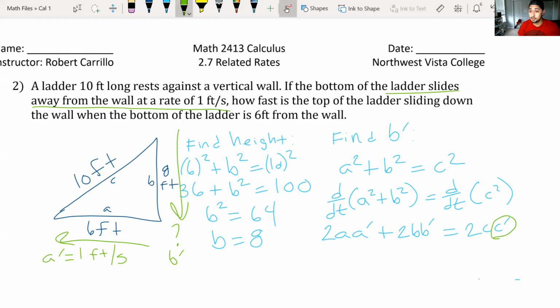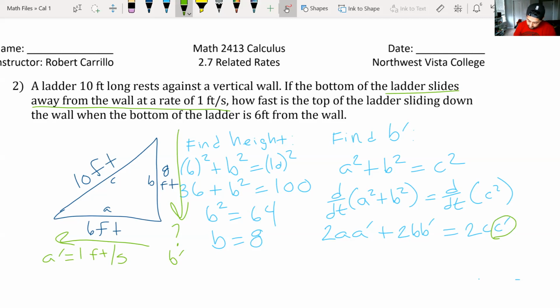C prime has to be 0, and the only reason C prime is 0 is because the ladder remains a constant 10 feet. No matter how the ladder falls, where the ladder falls, it's still going to be 10 feet. And C prime, remember the derivative, represents a rate of change. Well, nothing's changing. No matter where that ladder falls, it's still 10 feet. So this means that C prime has to be 0.